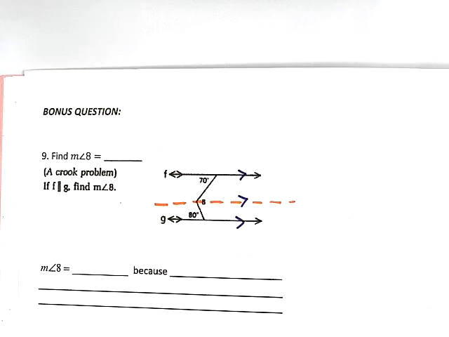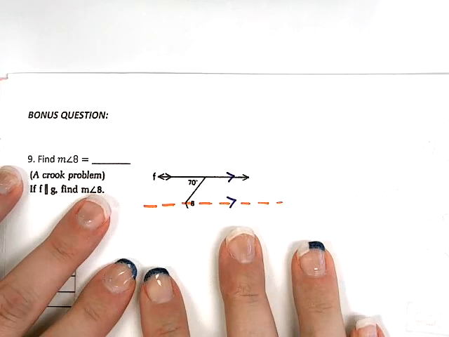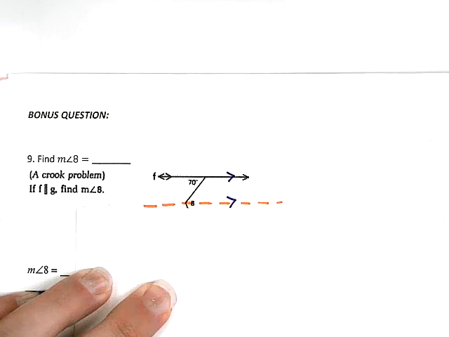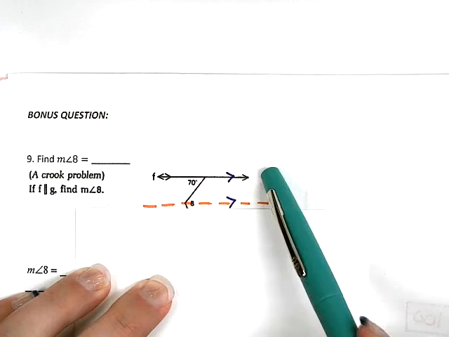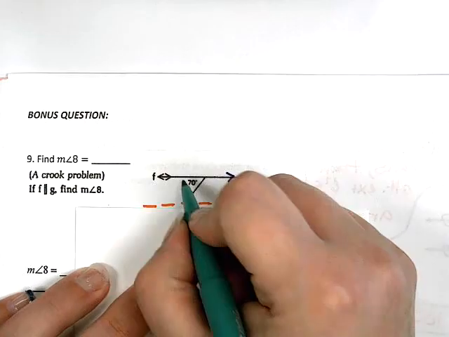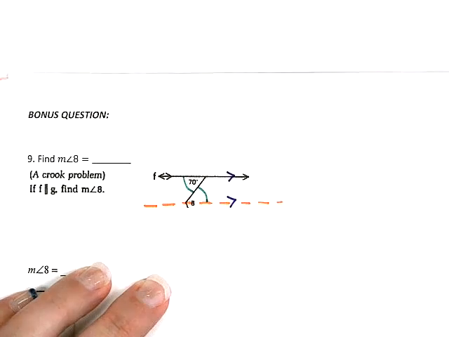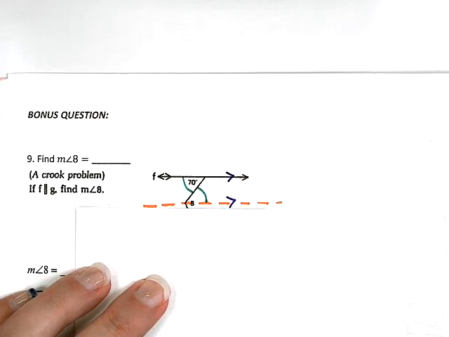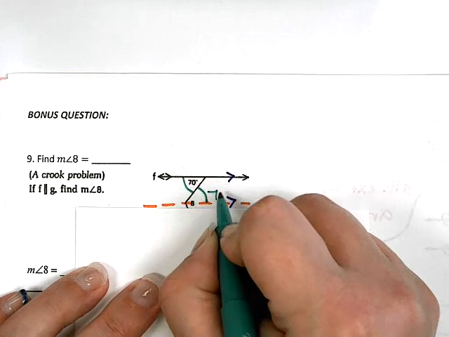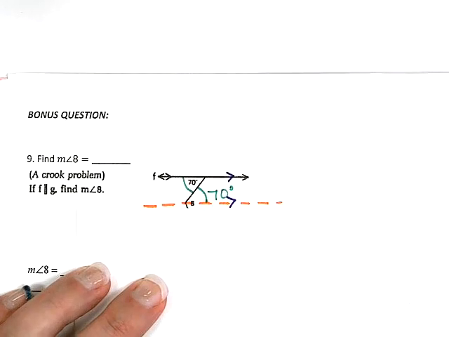So, let's first focus on this portion of the picture. With those two parallel lines and with this angle 70 here, would you guys agree then that the other angle I just drew is an alternate interior angle? And if I have parallel lines, alternate interior angles are congruent to each other. So that angle must also be 70 degrees.